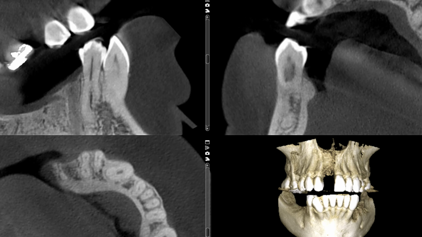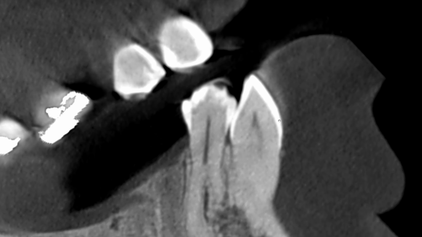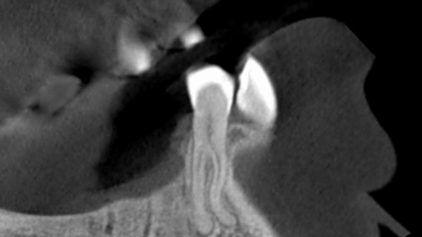So how about this view right here? Let's go to the buccal end of the scan and then move toward the lingual. Wow, look at that. We can see the bifurcation of the roots and then the canal and also rather severe S-shaped curvature to this mesial root.